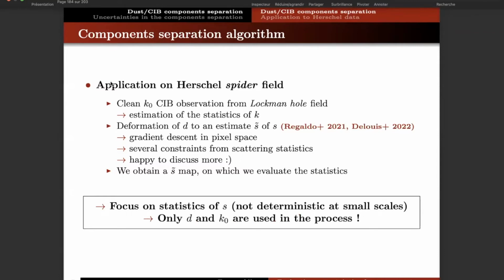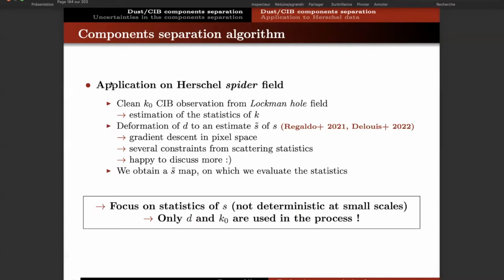Basically, we have almost no dust emission from our own galaxy in this field. So from that single field, we can have the statistics of K, of the CIB. That's what we will do, and I simplified a little bit, but we will make a deformation of the initial image in the pixel space under certain constraints, which are written from scattering statistics, which are nonlinear statistics, very informative and of low variance.